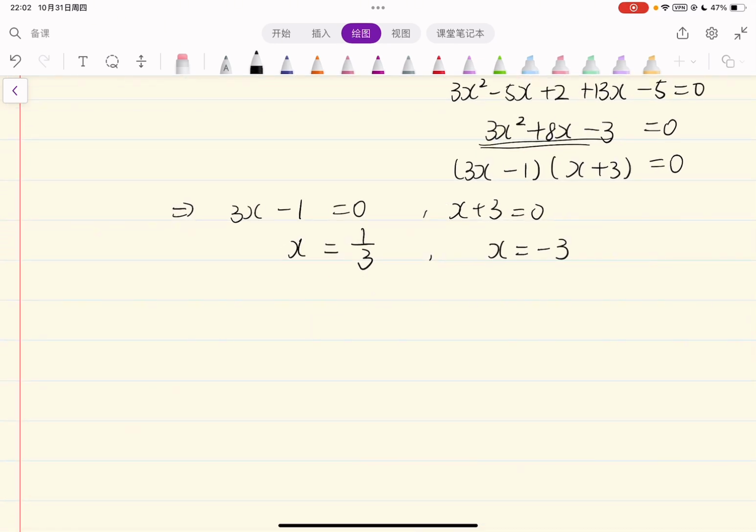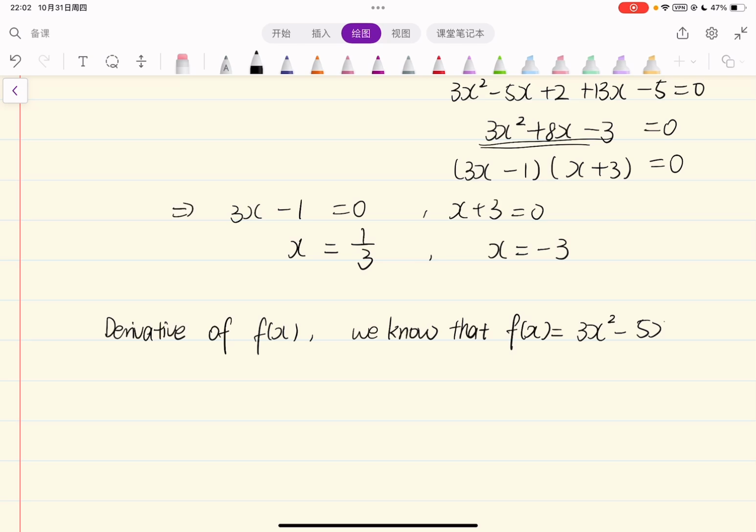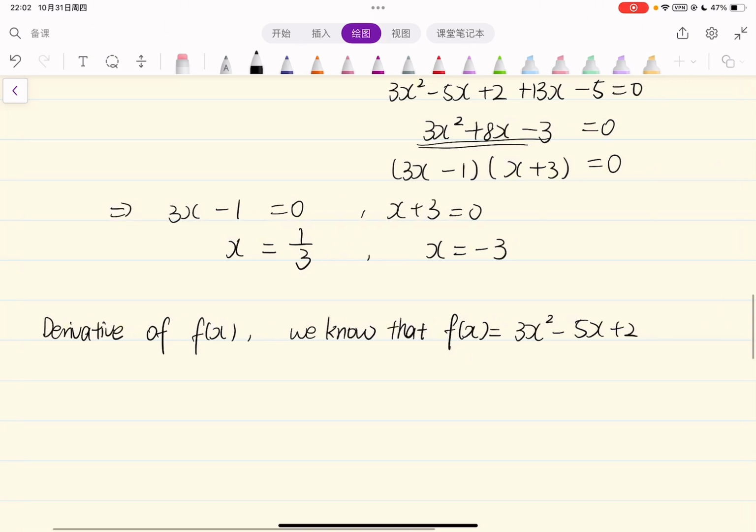Then we need to write down the derivative, we need to find the derivative of f(x). We know that f(x) equals 3x squared minus 5x plus 2. So we differentiate it, we have 6x minus 5.